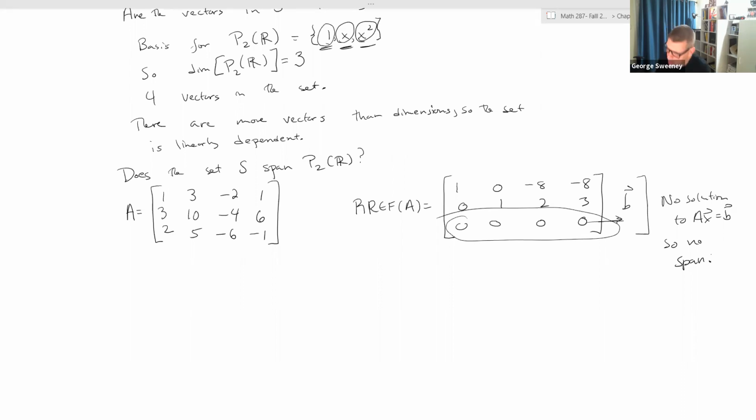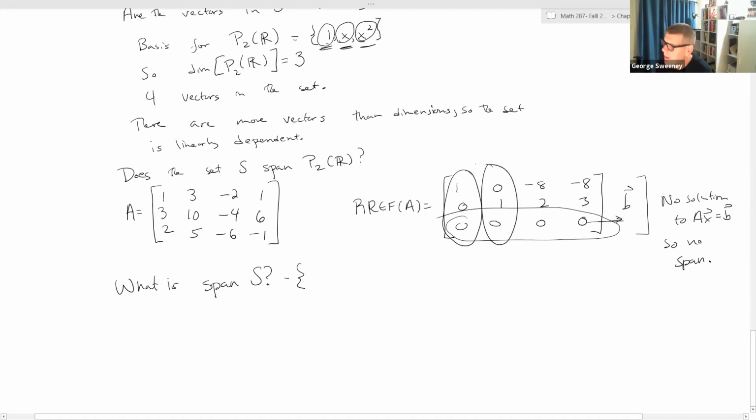Okay. This goes with what Daniel was talking about. What is the span of S? So the span of S then is going to be, we're going to take the 2 pivots, and we're going to go back to A and select the ones that have pivots.